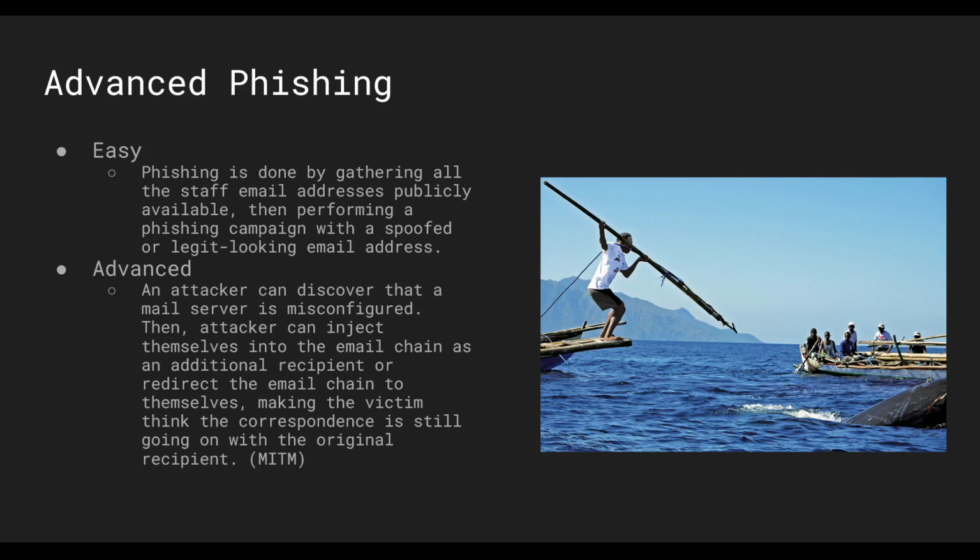The more advanced phishing technique would be spear phishing, and that's why I put that picture in the slide. Spear phishing is when you get that target and you perform a more sophisticated phishing attack. MacEwan University experienced one of those back in, I think, 2017, where an attacker managed to get in the email chain between one of the departments and an outside contracting company.